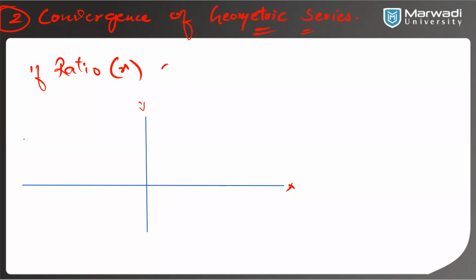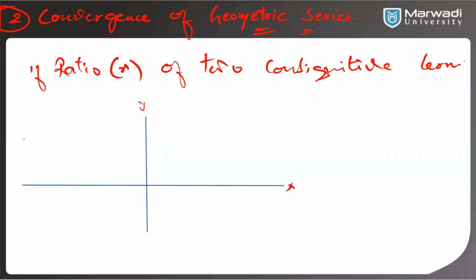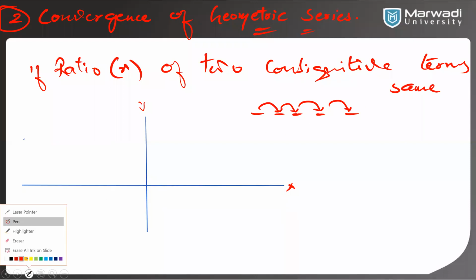So if ratio of two consecutive terms, कंसेक्यूटिव मतलब एक के बाद एक आने वाला टर्म, is the same.